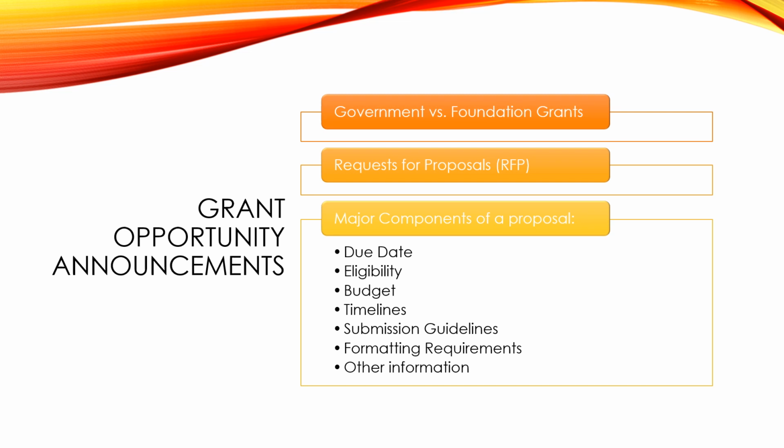Oftentimes, a proposal is developed in response to an announcement from a funding source, announced as an RFP or request for proposal. However, you can also identify funding opportunities that are not posted through an RFP. You will see this most often through foundation funding.